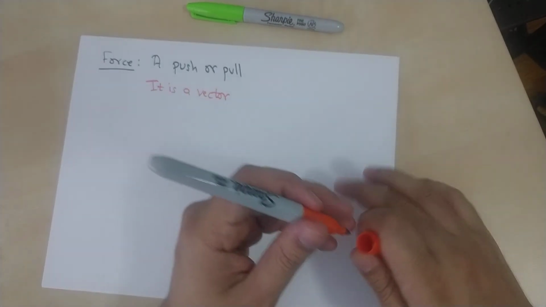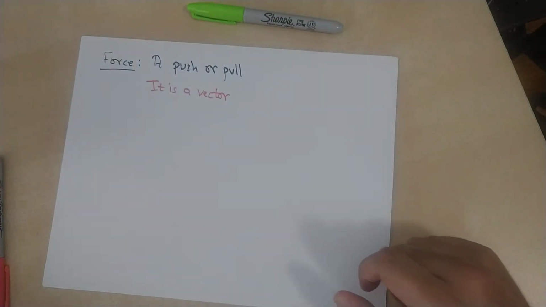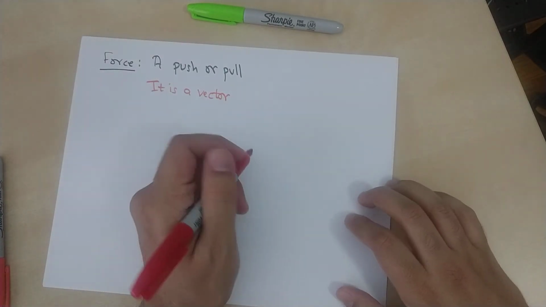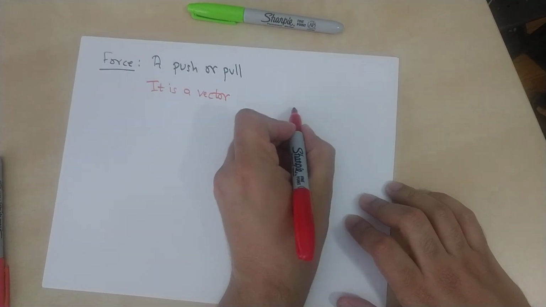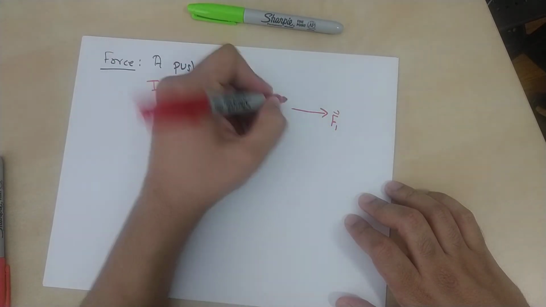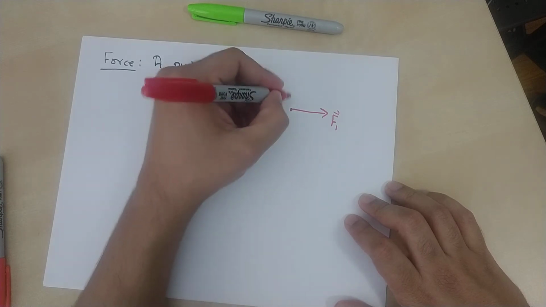Which means that it has a direction, and when, let's say, two forces are acting on an object, you have to add the two or more forces as vectors. So let's say there's a force F1 acting on an object, and then there's a force F2 acting. Let's say this dot is that object.